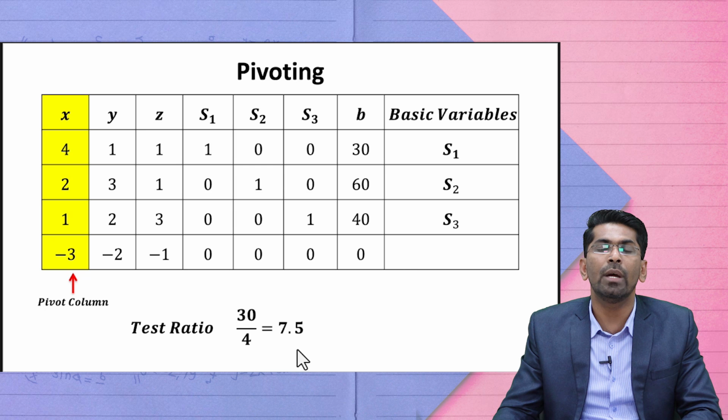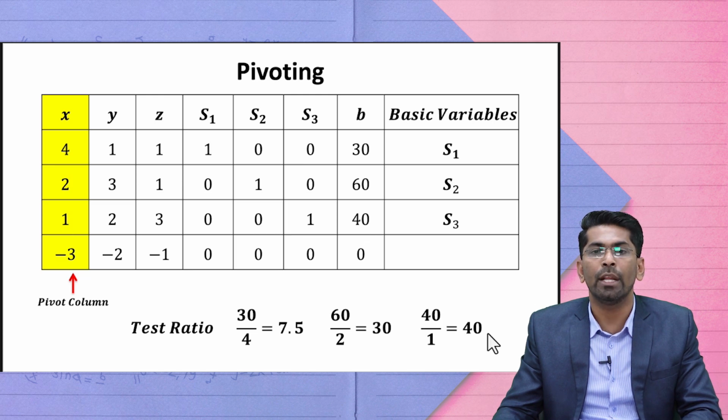So 30 divided by 4 is equal to 7.5. Similarly, 60 divided by 2 is equal to 30. Then 40 divided by 1 is equal to 40. Now among these three values, we want to select the smallest non-negative test ratio.